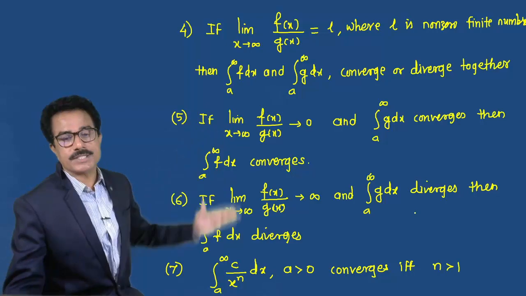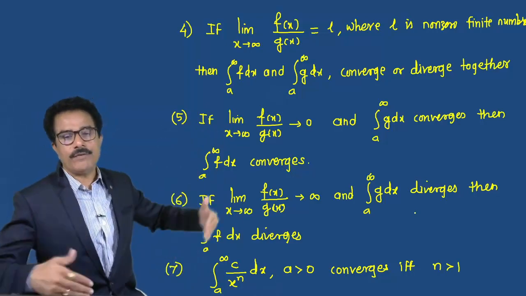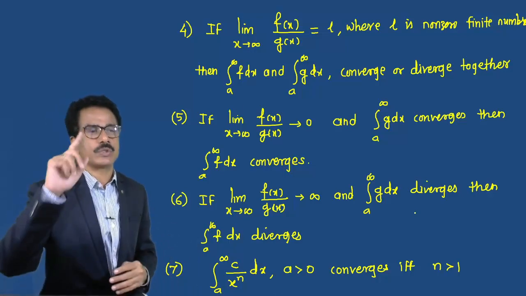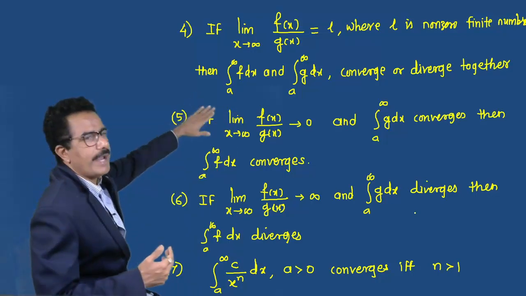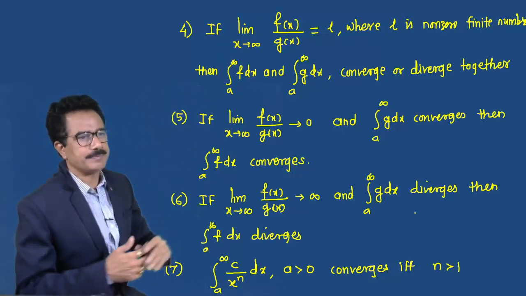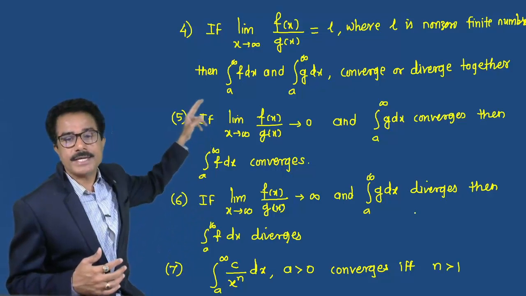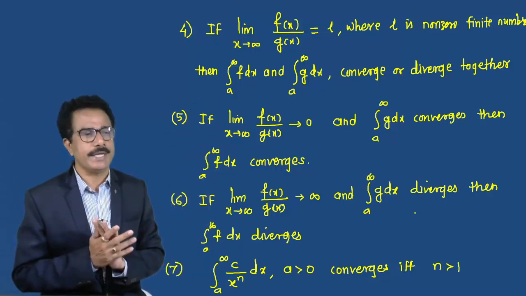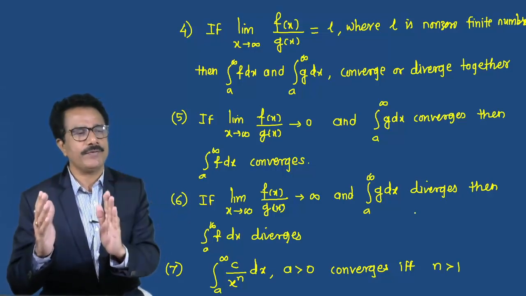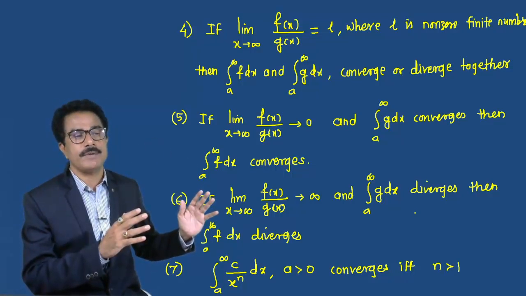Now comparison test second. If the limit as x tends to infinity of f of x divided by g of x is equal to L, where L is a non-zero finite number, then f of x and g of x converge or diverge together. That means if g of x diverges, then f of x also diverges.